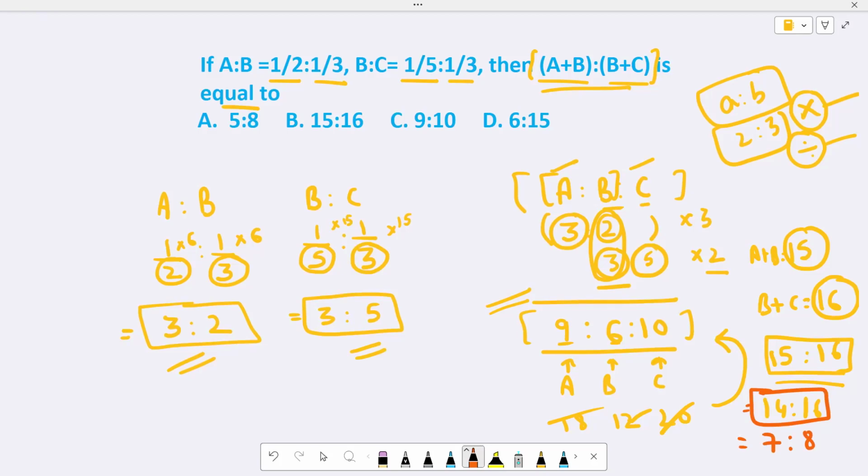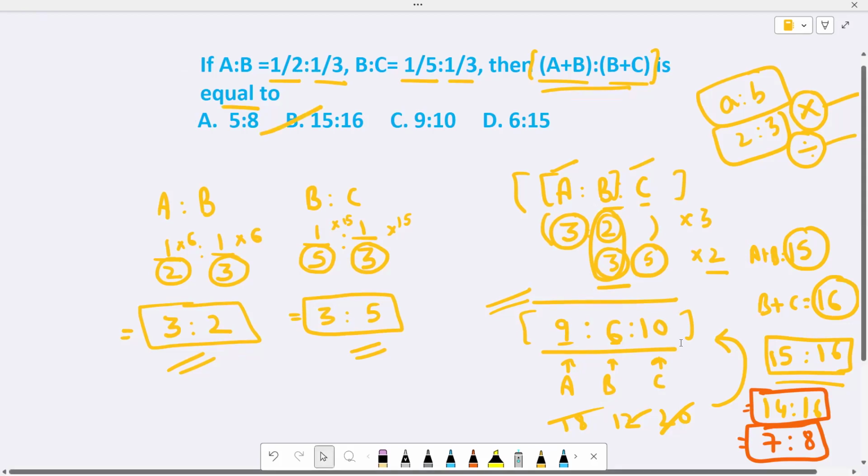We would have simplified it to the extent that the numbers are not included in a common table. We can directly use it, as is the case between all these options that are given. So we can say that the ratio of a plus b to b plus c will be equal to 15 ratio 16. This will be our answer for this particular question.